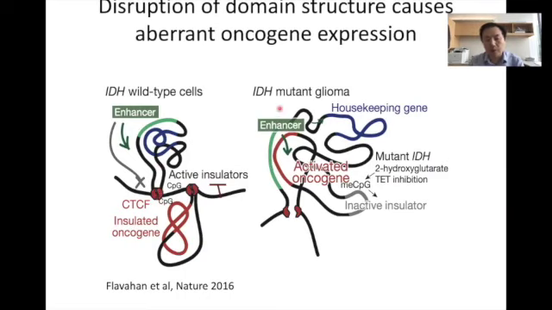But once you have the IDH mutation, the DNA binding motif, the CTCF motif, is methylated. As a result, the protein can no longer bind to its motif, and the 3D structure is disrupted. Then the enhancers can now contact the oncogenes and drive its expression up by almost fourfold. As a result, it contributes to cancer-genesis.